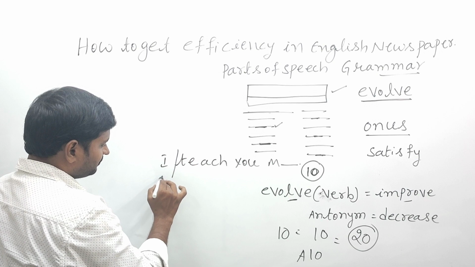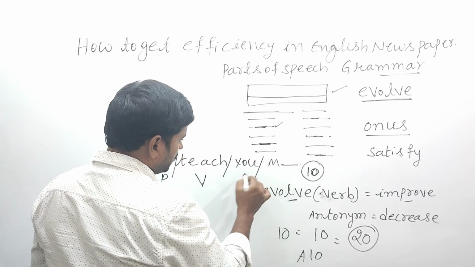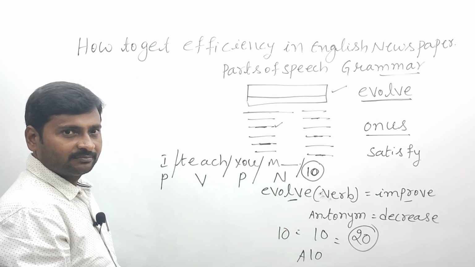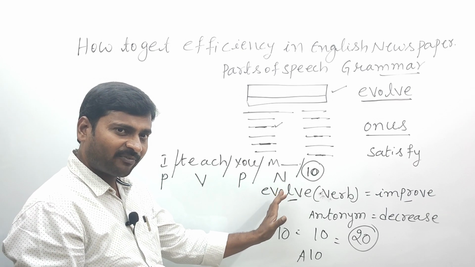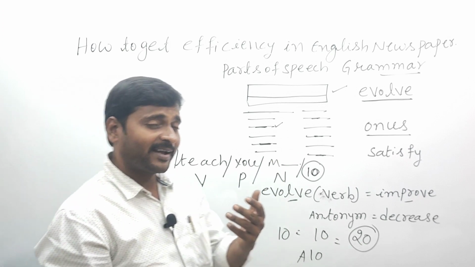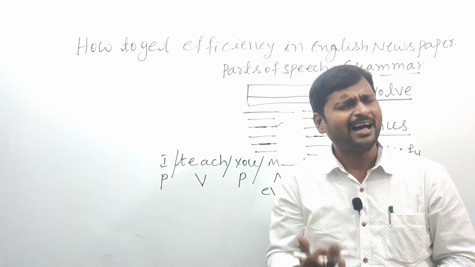You see: I, pronoun; teach, verb; you, pronoun; mathematics, noun. Once you do this kind of exercise by following the English newspaper, imagine what your capacity, what your efficiency in the English language will be. Ultimate.